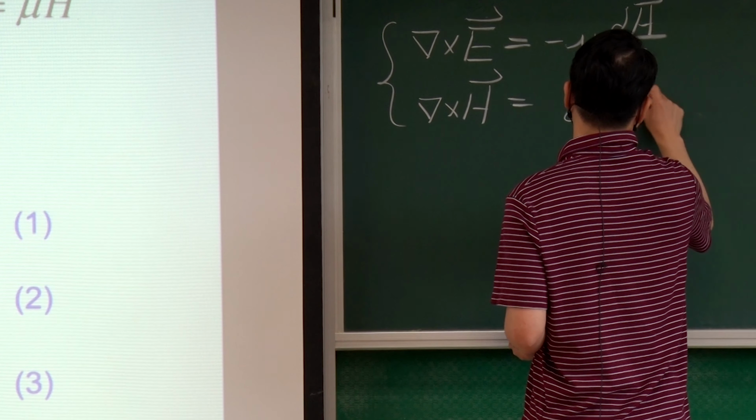When we deal with time-varying fields, E fields and H fields are interconnected. They are coupled together. So you cannot easily solve one field. But the nice thing is we have two field quantities, E and H, and how many equations do we have? 2. So it's okay.